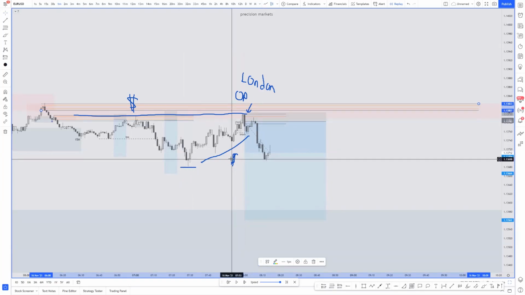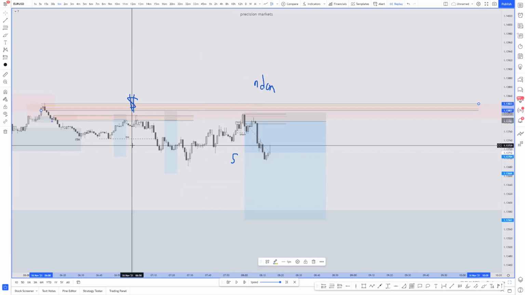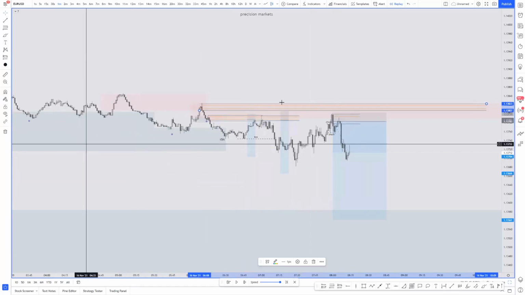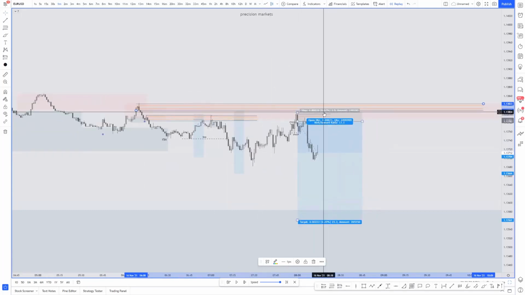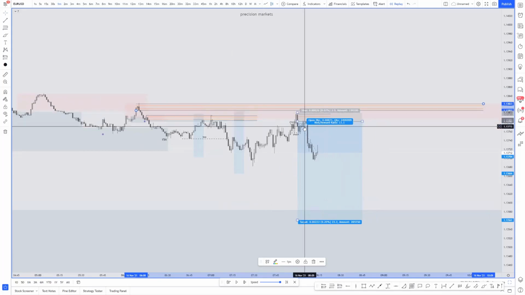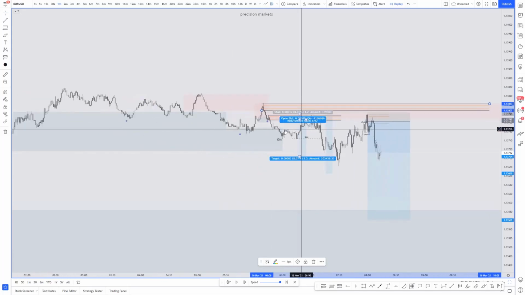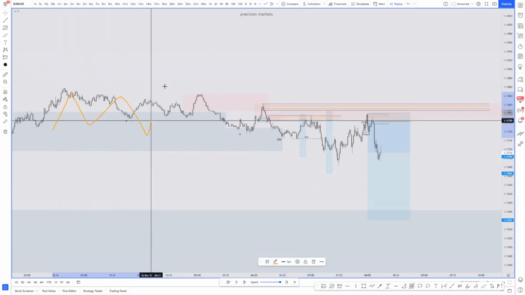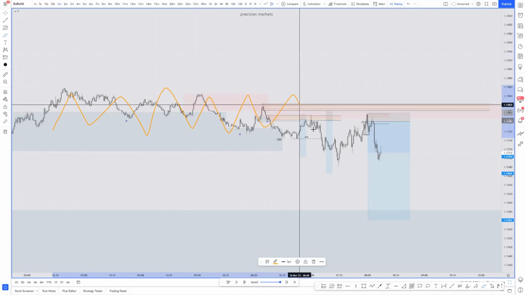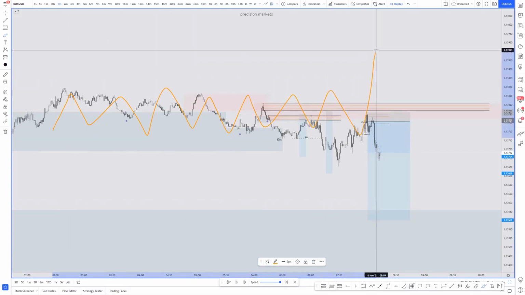Yeah. So the concept is Asia provides the liquidity, and more often than not, London will sweep it, induce people into the wrong side of the market, and then go. So this isn't like the greatest example of it, but a lot of days what will happen is Asia will do some kind of garbage like this, and then London will come take it all.